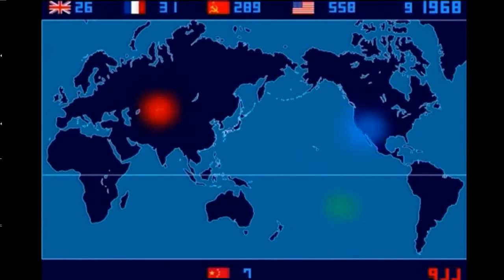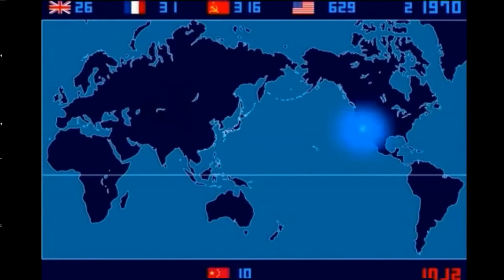So the idea was this: if the Soviets launched a nuclear warhead at the United States, it would take some time to get from Russia to the United States, and vice versa. If the United States launched one at the Soviets, it would take a few hours to get to Russia.